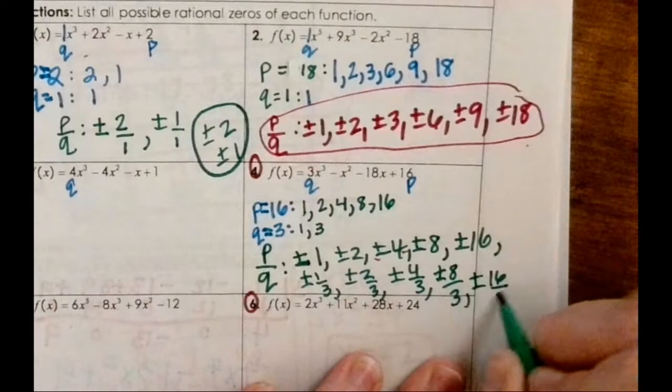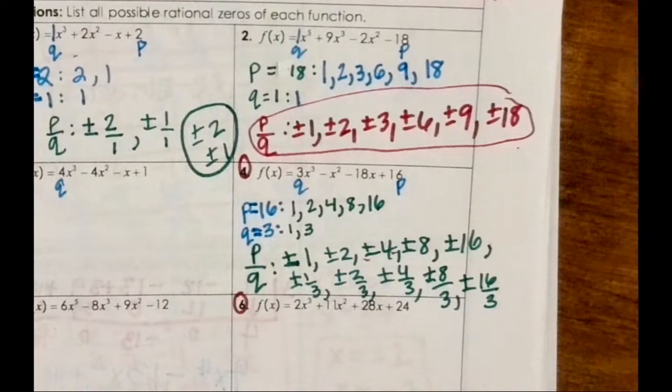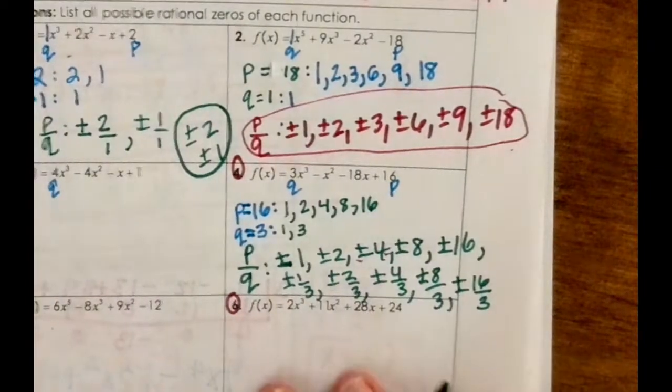Those are all my possible zeros. So one of these or more will be zeros of this function. Okay? Alright, if any reduced, you would need to reduce them, but none of those do there. So we're just going to leave it like that.